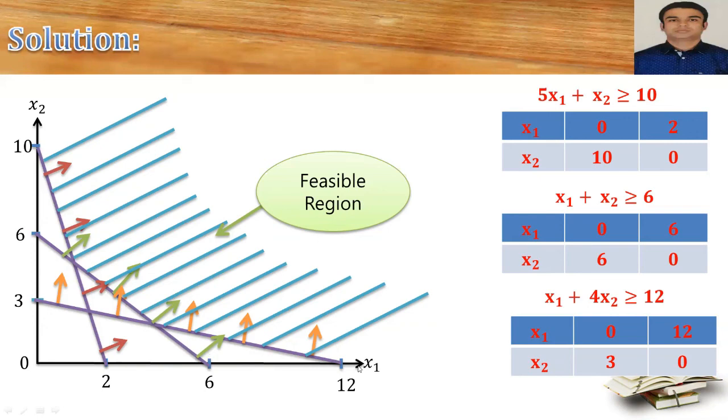For the lower boundary limit, our objective is also defined for the minimum of Z. So mark the corner points at the lower boundary limit.